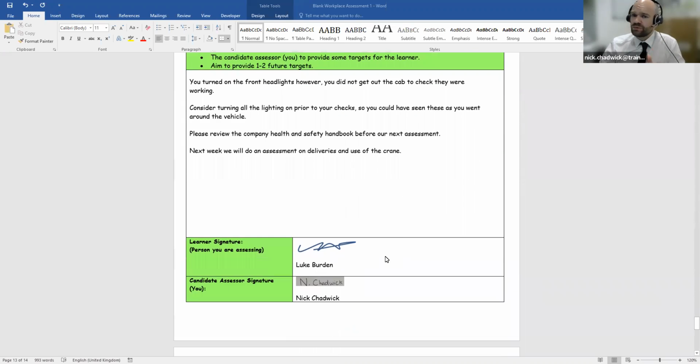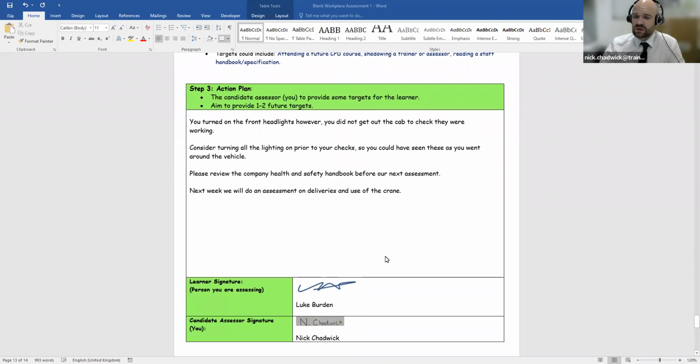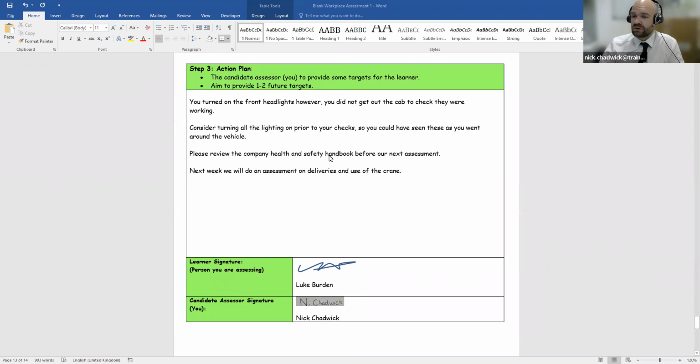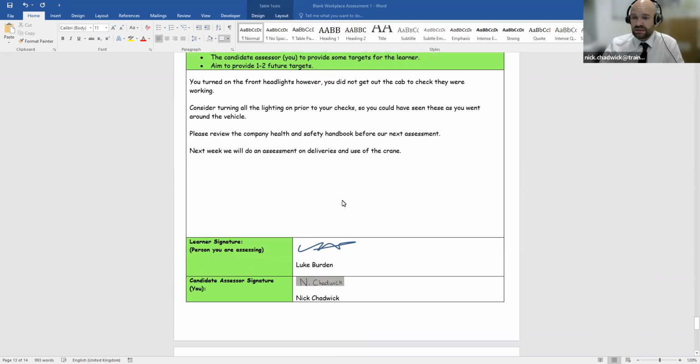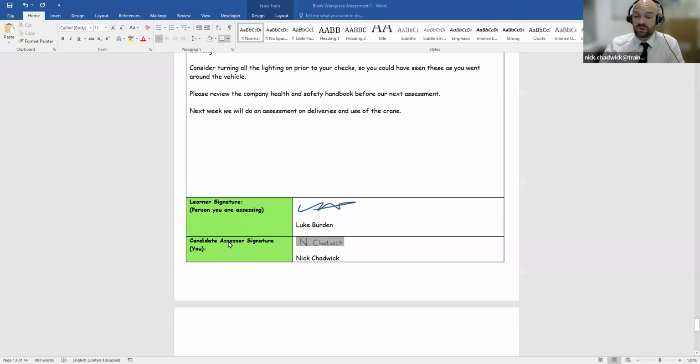Now, just before we sign off this assessment, very important that the learner is in agreement with all of the points and they understand what they need to do. And as we can see here, we have the learner signature. That is the person you are assessing. So as we can see, we have an electronic signature for Luke, my learner, and also my signature, the candidate assessor.